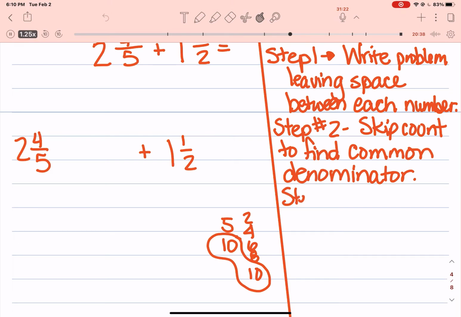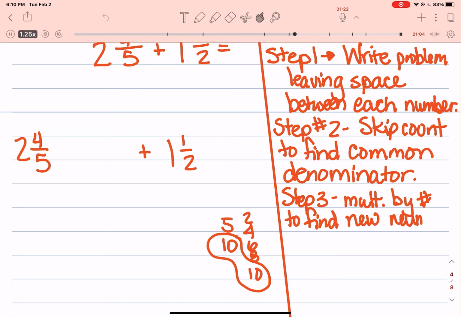Step 3, multiply by a number to find your new numerator and new denominator.